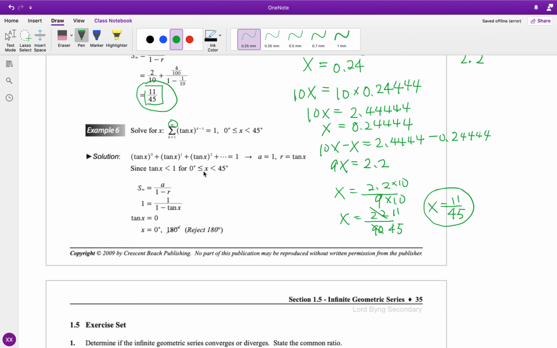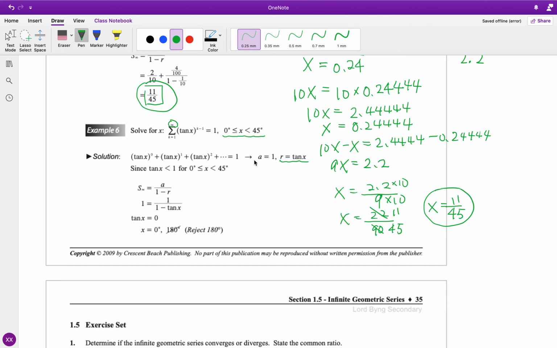All right. So there's a restriction that x is only smaller than 45 degrees and larger than 0. So there's no negative degrees, and nothing larger than 45. Now r is tangent x, because if you use the second term divided by the first term, yes, it gives you this.